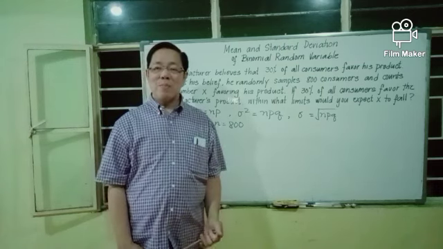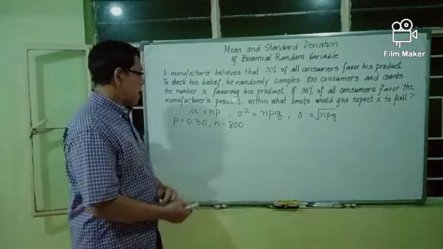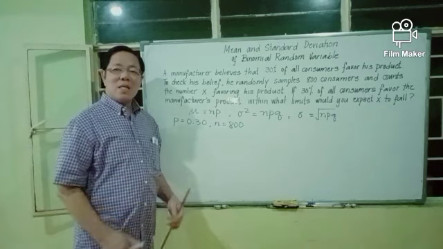The mean is denoted by mu and is equal to n multiplied by p, where n is 800 and p is 0.3.